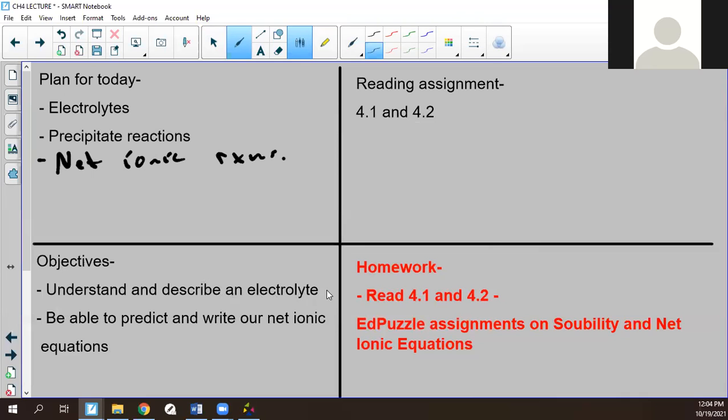All right. So understand and describe an electrolyte. We did that yesterday. Don't go too crazy, but in 30 seconds, describe to your partner what an electrolyte is. Ready, set, go. All right, 15 seconds.